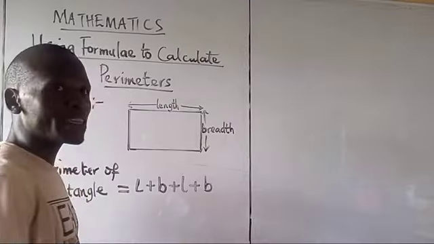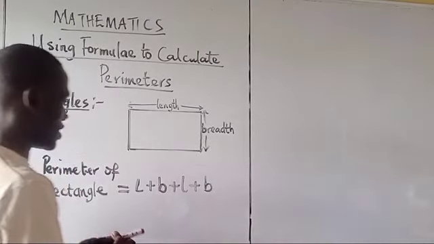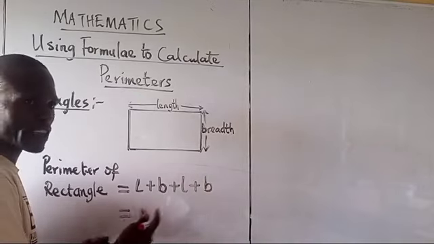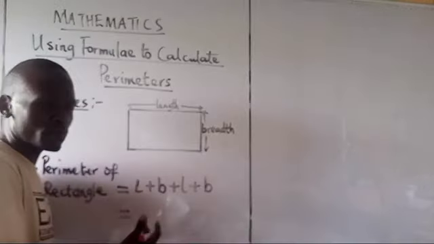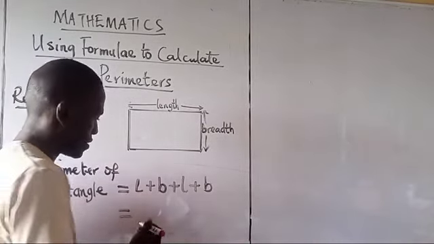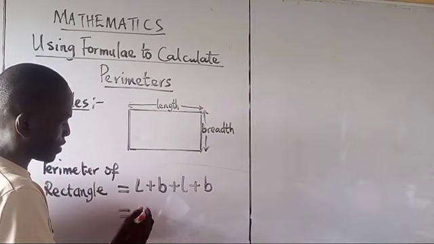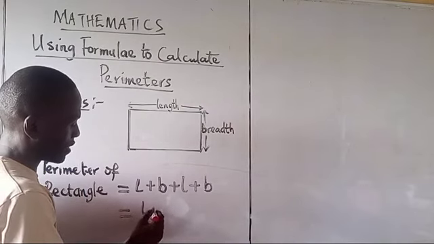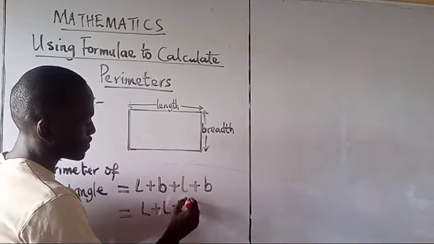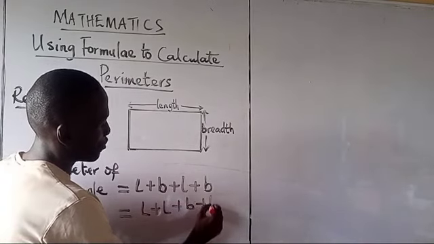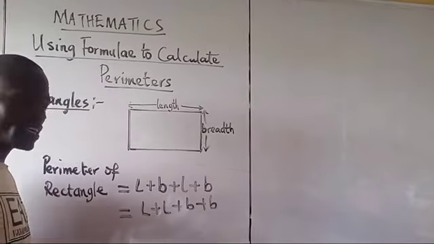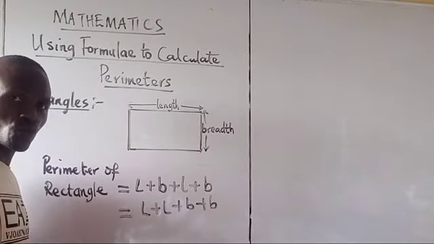Okay, so the next thing for us to do now is to rearrange such that like terms can come closer to each other. Alright, so here we are going to be having L plus L plus B plus B. That is the rearranging that we are expected to do.